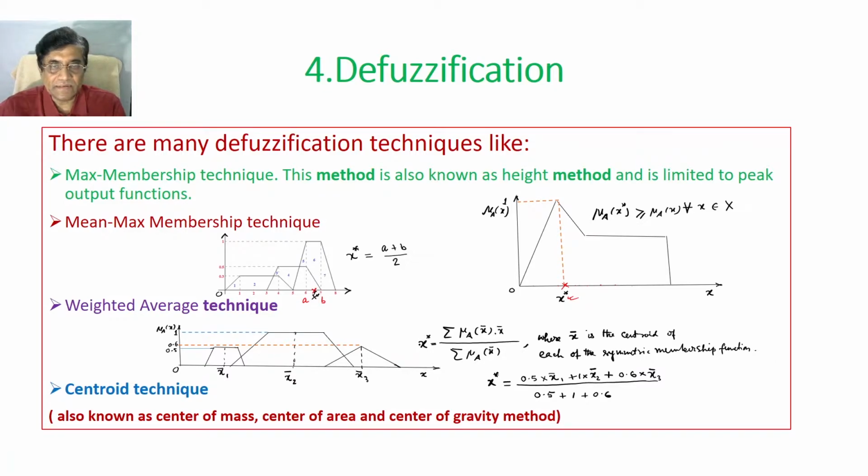Okay, then you can calculate the defuzzified value of x by calculating the membership value times x bar divided by the summation of all the membership values corresponding to x bar. Okay, so summation of mu A of x bar times x bar divided by summation of mu A of x bar, where x bar is the centroid of each of the symmetric membership functions. Now look here.